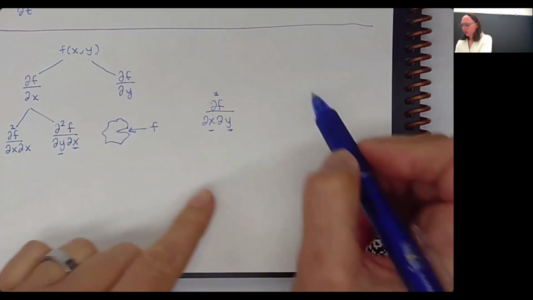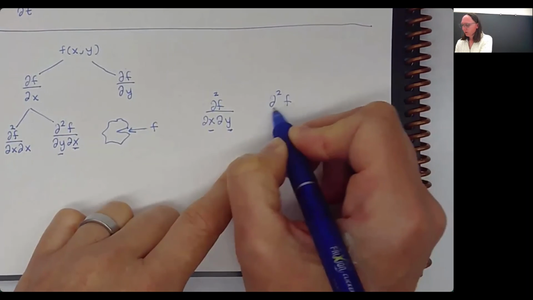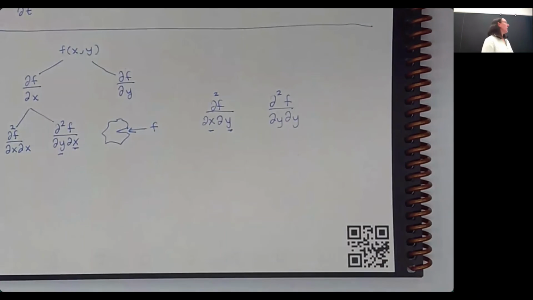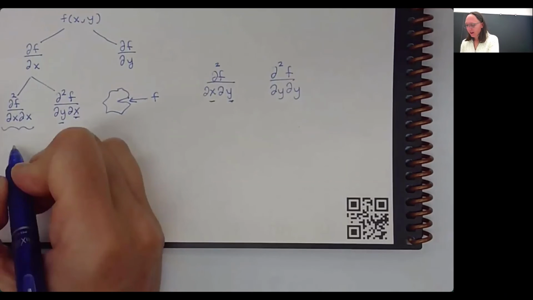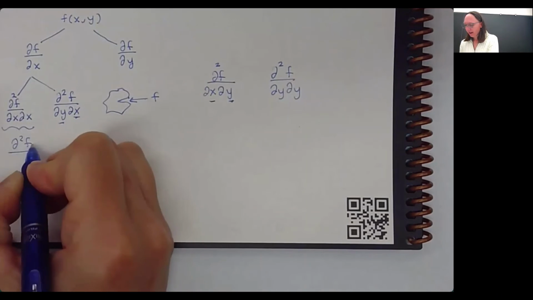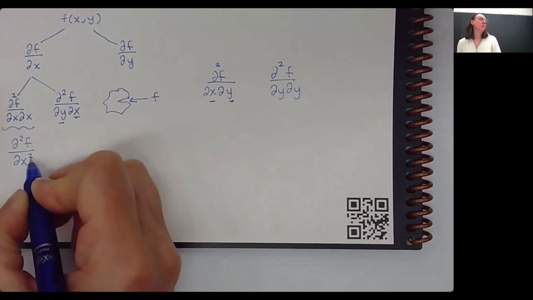The other partial derivative, the last of the 4, is to take the partial with respect to y twice. By the way, just in terms of other ways I can write that, we can write that as the second partial of f with respect to y twice.